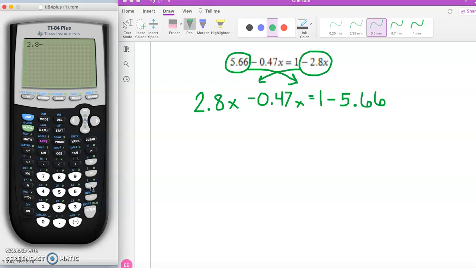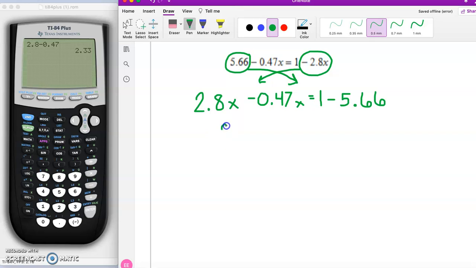I notice a lot of you guys are confusing minus with negative on the calculator. Those are two completely different things. You got to keep them straight. If the sign is in between two numbers, it means minus. So, minus 0.47, alright, I get 2.33x. Don't forget to carry down that x.